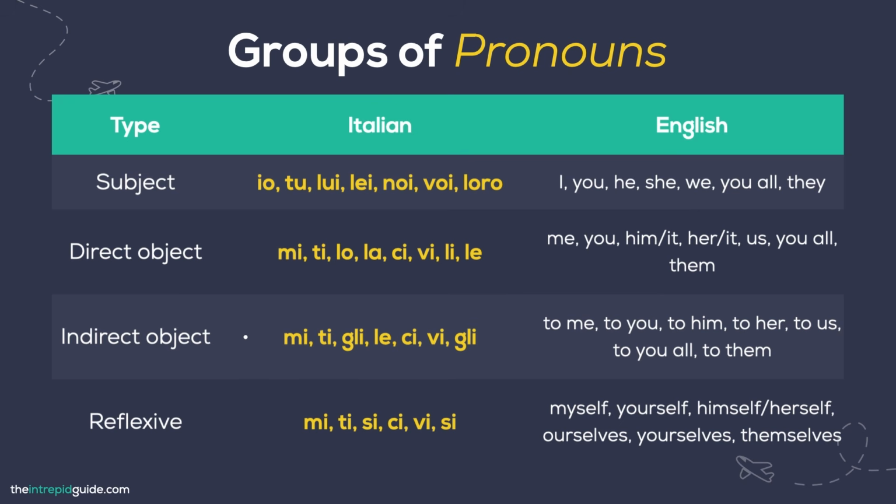Indirect object, meaning to whom. These include Mi, ti, gli, le, ci, vi, gli. And then the reflexive ones that we touched on earlier. This refers back to the doer. These include Mi, ti, si, ci, vi, si.